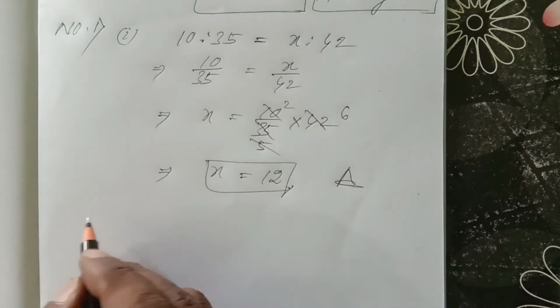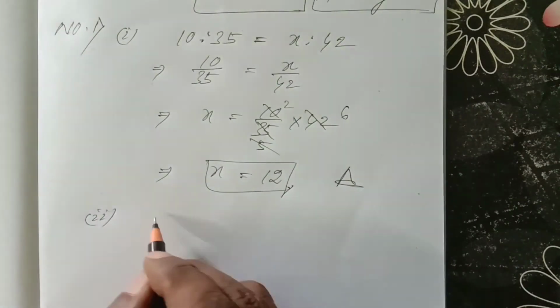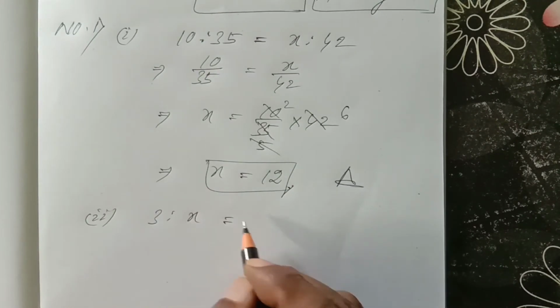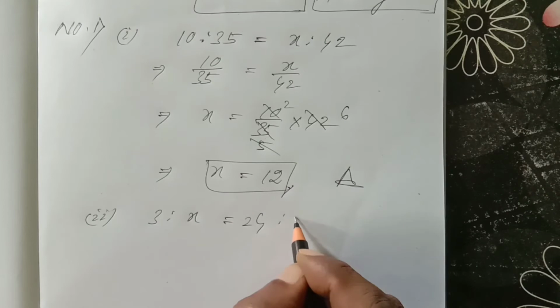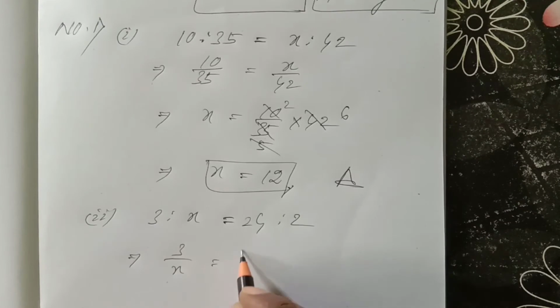Next, I am going to the second part. The second part of number 1 is given as 3 is to x is equal to 24 is to 2. Same process, 3 by x is equal to 24 by 2.